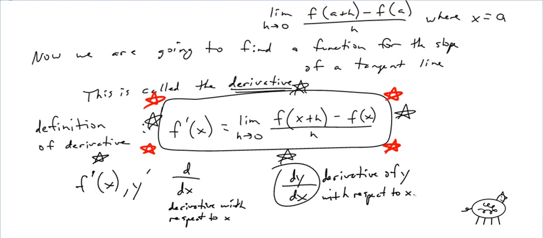Okay, because you might have multiple variables in there and you don't know what to take the derivative of, and this tells you that you're taking it with respect to x. So that's the function you're going to be taking the derivative of, even if you have some other variable in there. The way we say it is dy by dx, and this guy right here is d by dx. That's just the English wording.